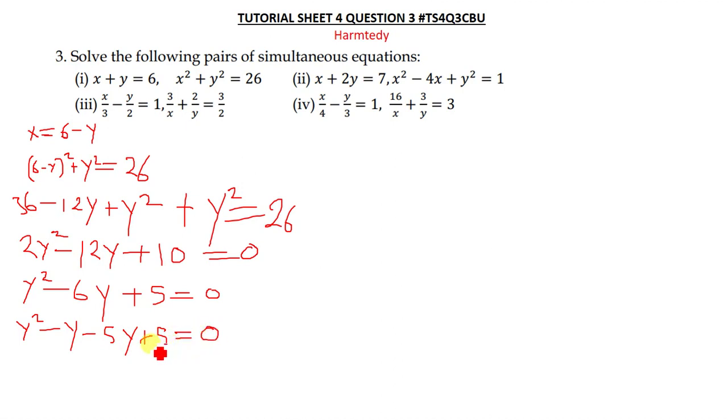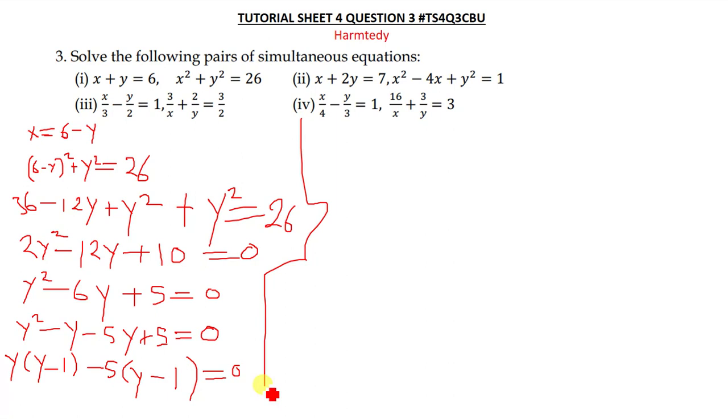So after having this, you now factorize. This is what you're going to have after factorizing, and this is how we factorize it completely.